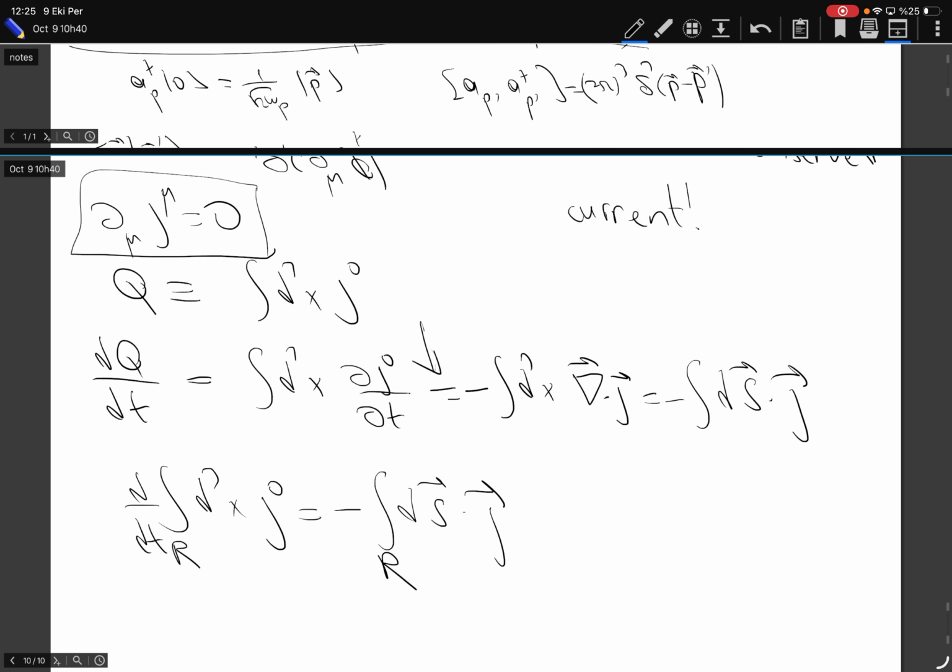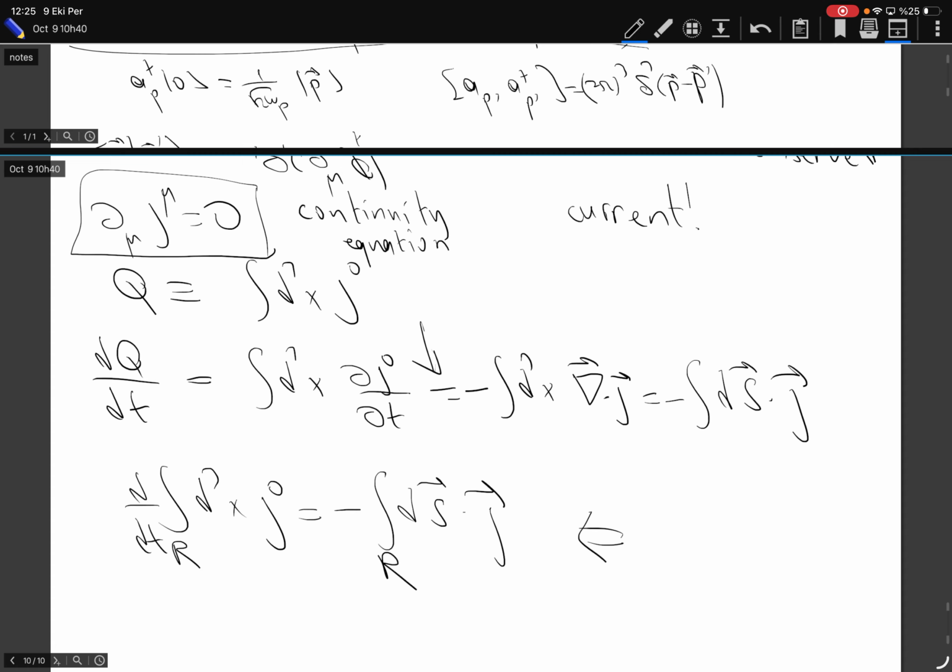It is because charge within this volume is moving through this surface, either out or in, depending on the side. That is already, in a sense, the definition of conservation. Yeah, this is the continuity equation. This is, if you like, the expression of charge conservation.